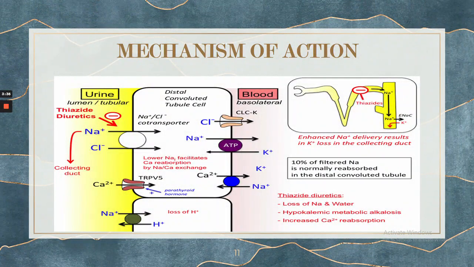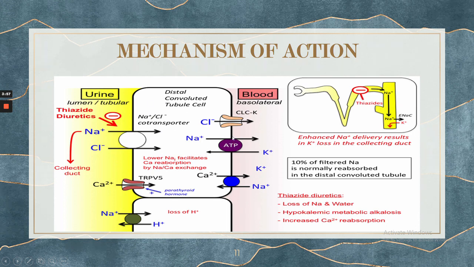So mechanism of action, I'll be explaining the whole mechanism of action through this diagram. The very important thing in this mechanism is this Na+ Cl- symporter or co-transporter, we can say.